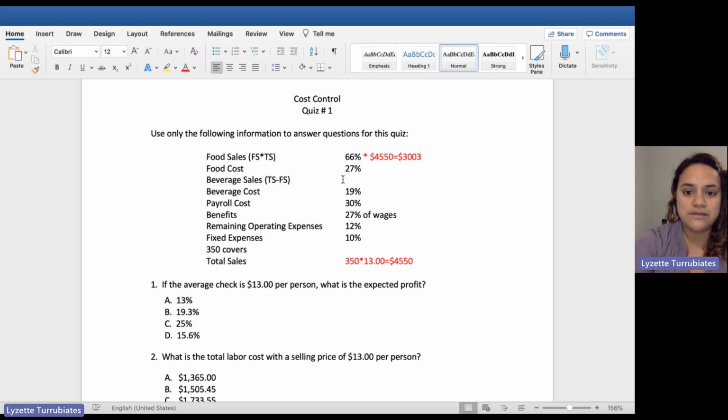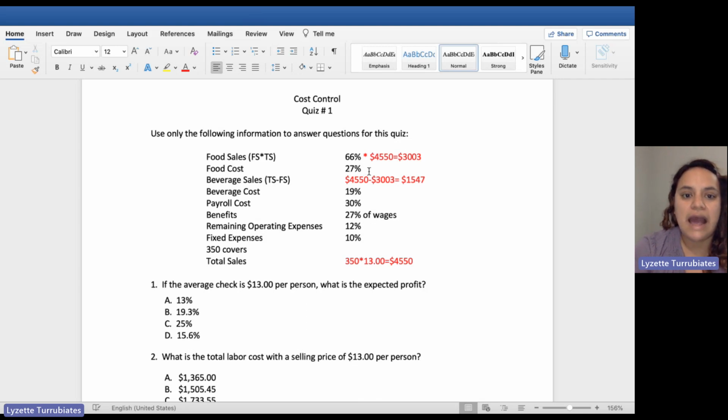So our total sales, which is $4,550, minus our food sales right here, which is 3003, that's going to give us $1,547. Okay, so now we know what our food sales are, we know what our beverage sales are.